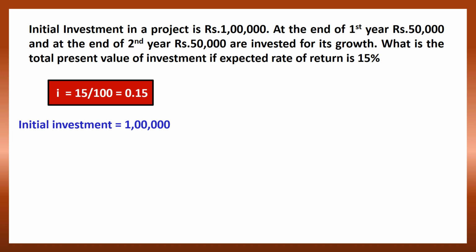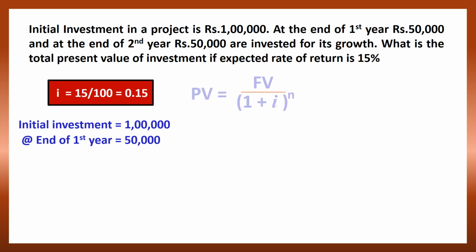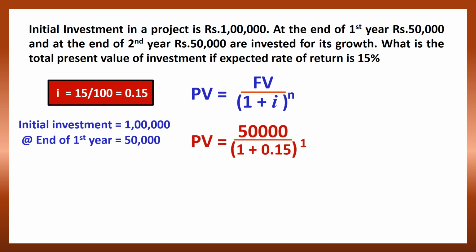Then at the end of first year, that person is investing 50,000 rupees. Let us find out what is the present value of this amount invested in the future. Future means after 1 year. So the formula to find the present value is FV divided by 1 plus I raised to n. By applying these values in the formula, 50,000 divided by 1 plus 0.15 whole raised to 1.